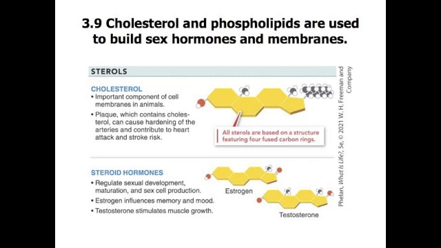A second group of lipids, called the sterols, are organic molecules with a variety of functions, including important roles in regulating growth and development. This group includes cholesterol and the steroid hormones such as testosterone and estrogen. All of these molecules are variations on one basic structure formed from 4 interlinked rings of carbon atoms.